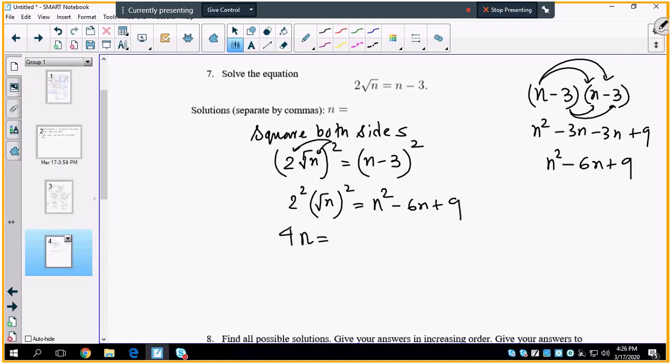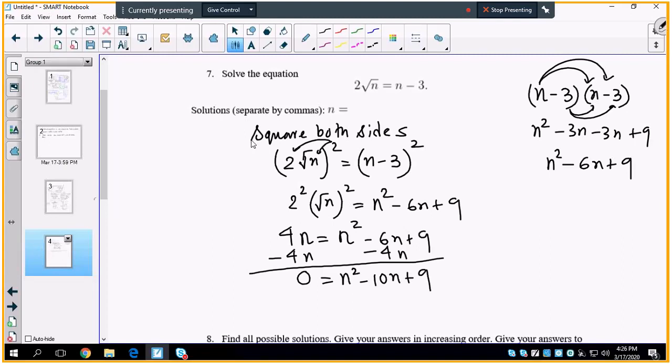So 4n equal to n squared minus 6n plus 9. That reminds me that now I have a quadratic equation. In order to solve, I need to have all terms on one side. So I subtract 4n from both sides and get 0 on the left hand side equal to n squared minus 10n plus 9. I can solve it by factoring or completing the square or using quadratic formula.